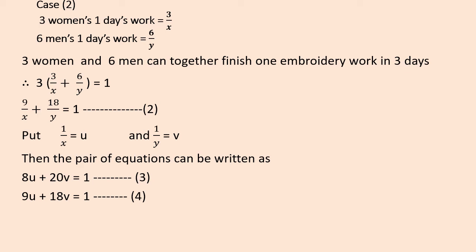Now the pair of equations has two variables u and v. You have to use any algebraic method to solve the equations. I am going to use the elimination method. I am eliminating the term u.